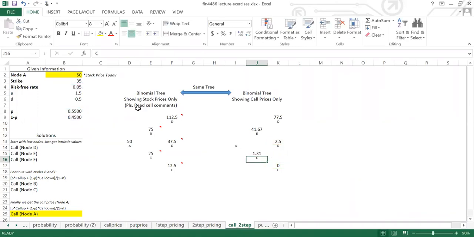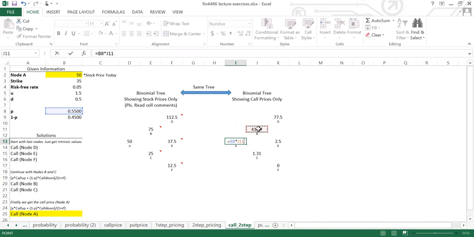So now we have calculated the price of the call option in nodes B and C, and we can move forward to the calculation of the call option in node A. And the way to do this is we multiply probability of the stock moving up multiplied by the call option in that good state of the world plus the probability that instead the stock price moves down, multiplied by the price of the call option in that bad state of the world.